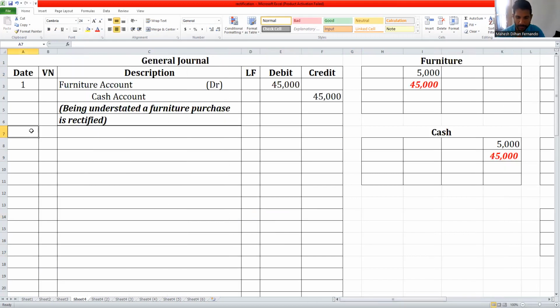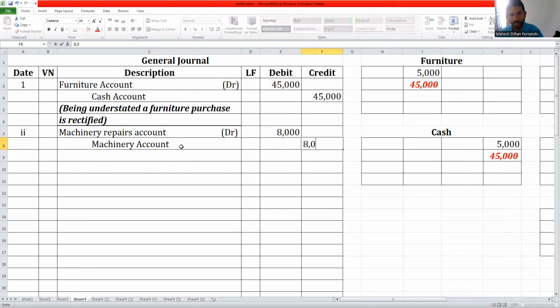Number two, machinery repairs account debit. We are working in the most right-hand column of the description column. It is 8,000, and credit the machinery account, machinery account 8,000.